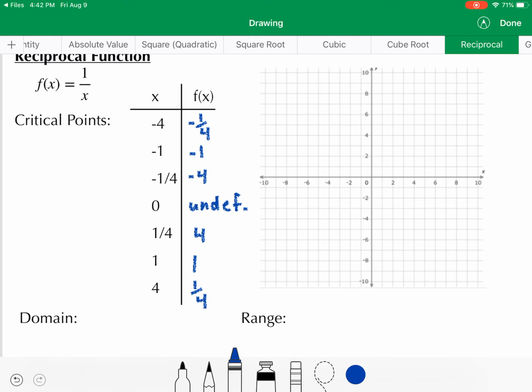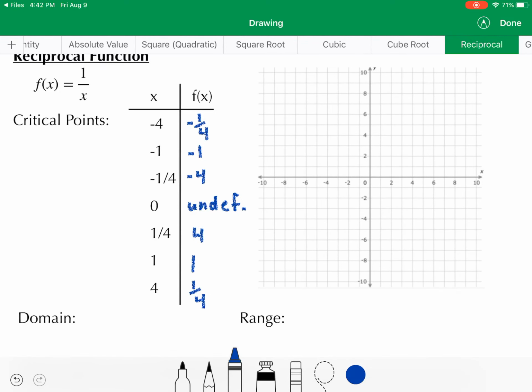All right, plot all of those. You're just going to have to estimate their locations as best as you can. So -4, -1/4, -1, -1, -1/4, -4. 1/4, 4, 1, 1, 4, 1/4.